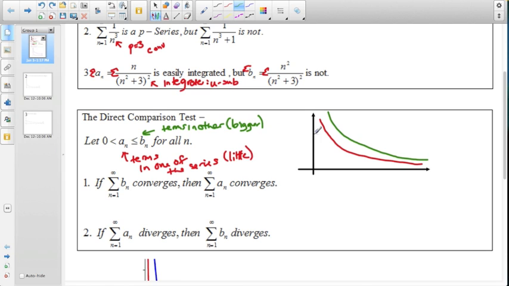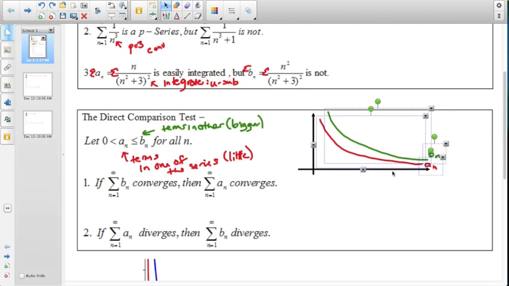If we take b sub n here, those are the terms in the B series, and if we look at a sub n here, let me just copy that because I want to use that for the next picture as well.